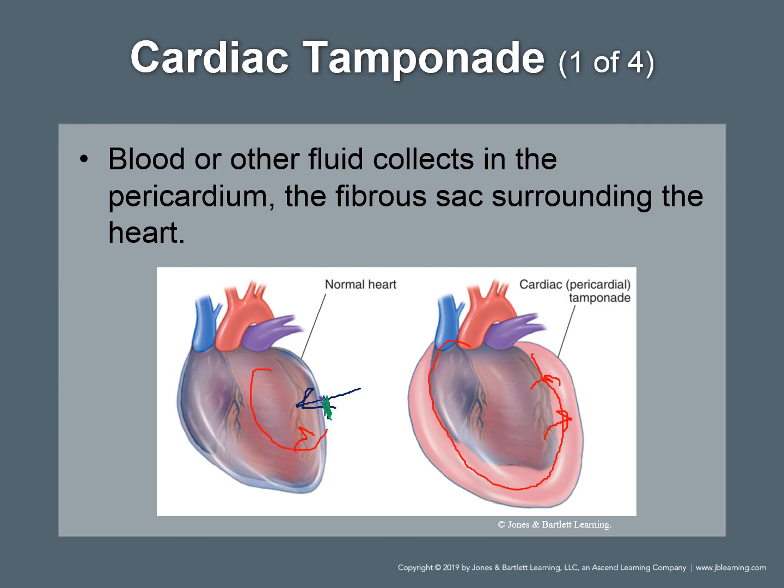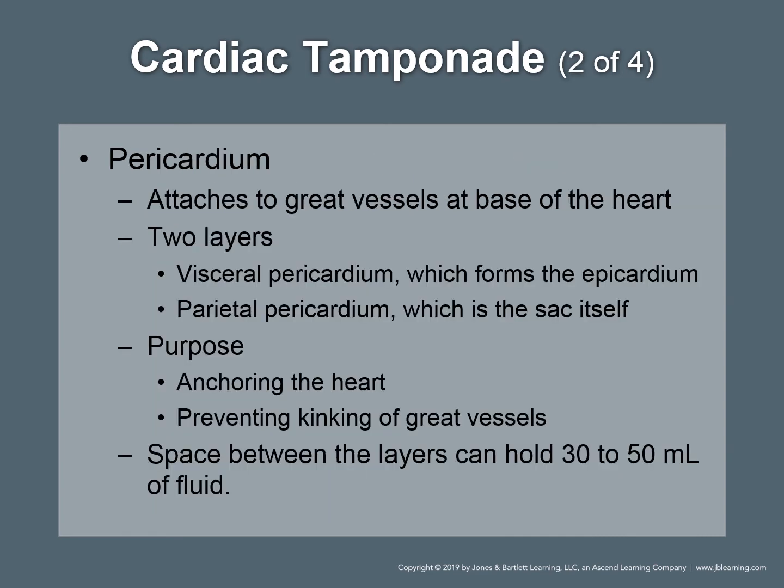You see here how the heart fills the whole sac, and here how the heart is shrinking? This is putting pressure on the heart, causing that muscle to shrink and draw up. Frank Starling's law says the heart has to expand like a rubber band in order to contract. So the more pressure you get on this heart, the less likely it's going to be to contract.